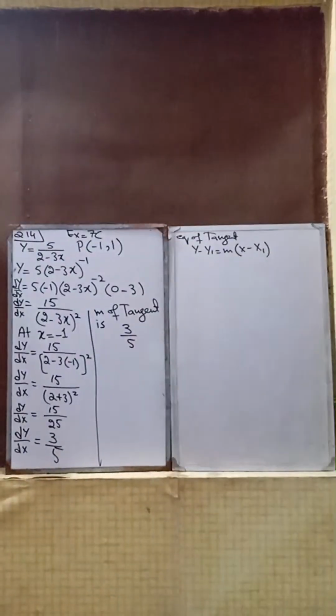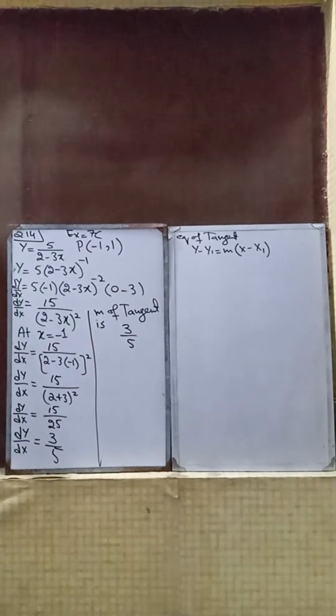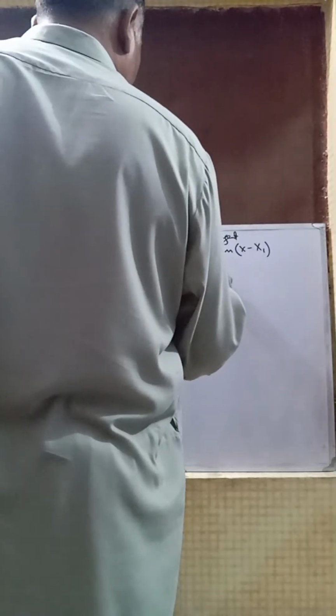Okay. So then you see, I will put this P point there, and the gradient is 3 by 5. I hope it's right. y minus y1, gradient is 3 by 5 into x minus minus 1.